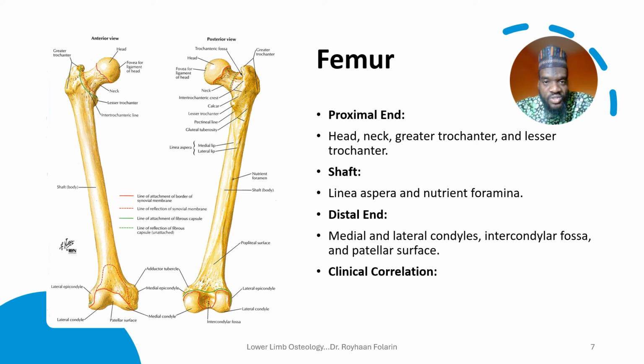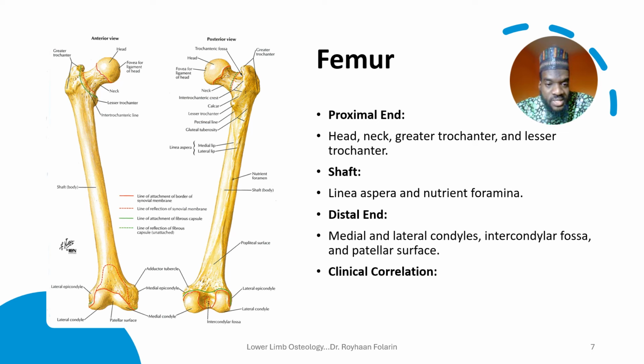We also have the trochanters, the greater trochanter here and the lesser trochanter here. Both trochanters serve as attachment sites for muscles as well. Distally, the femur forms the knee joint, where fractures can impact weight bearing and knee function as well.